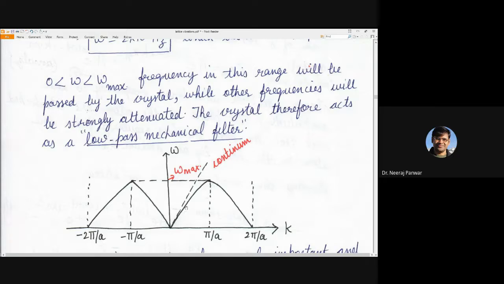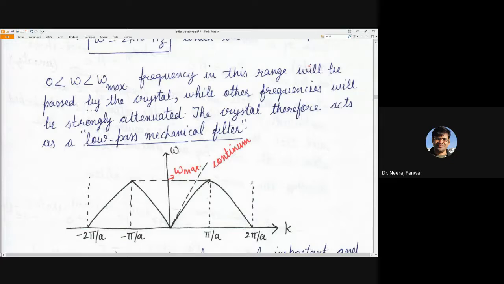But when the wavelength becomes smaller or the wave vector is higher, there is a deviation from the continuum behavior, and here the wavelength of lattice waves is of the order of interatomic spacings.